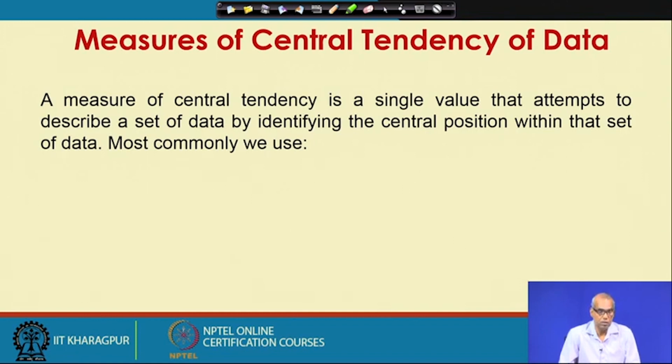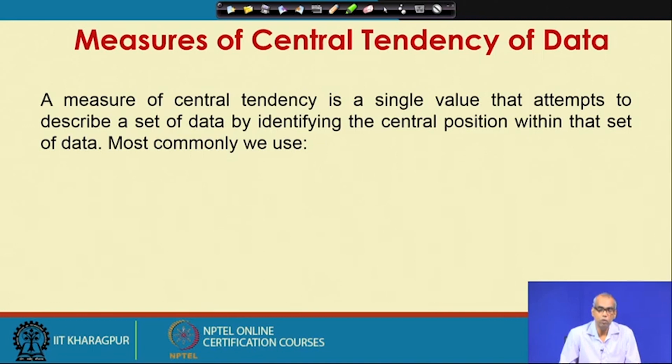Imagine you have taken an instrument and you are measuring a quantity several times. So, you have a set of data.